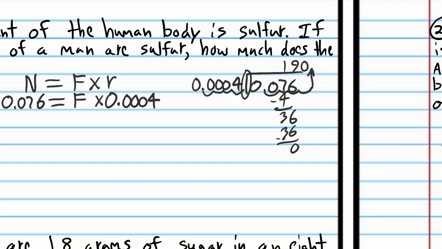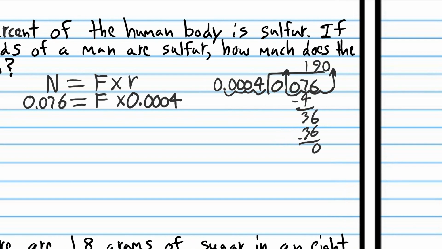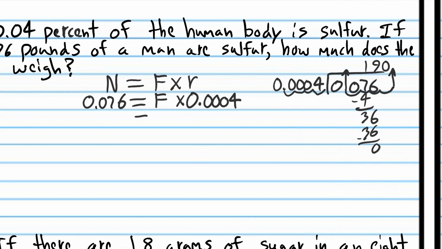So in all the problems we did previously, we just brought the decimal straight up, but not in this problem because the divisor had a decimal that needed to be moved a certain number of places to get to this line. All right, so final answer, F equals 190 pounds, and that's actually what I weigh. So I used my weight in that problem.